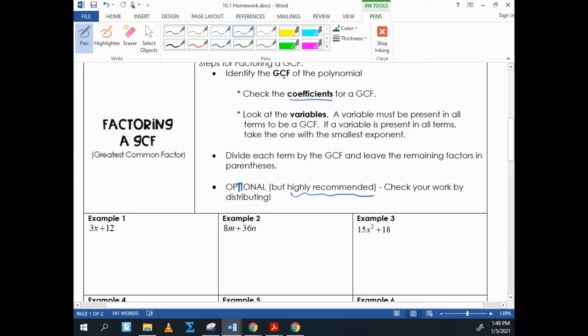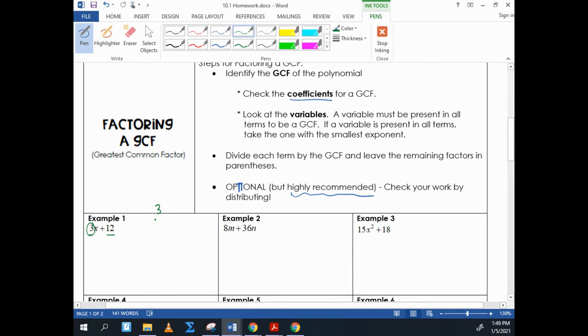So when you're trying to find a greatest common factor, again, we're just looking at our numbers first. The thing that I do is I always start with the smallest number right here, the smallest term. So I'm going to look at that 3 right here, and I'm going to write all of the factors of 3. I'm going to make it really easy for you, so that even if you don't remember any of your multiplication facts, you'll be able to find all the factors of 3.